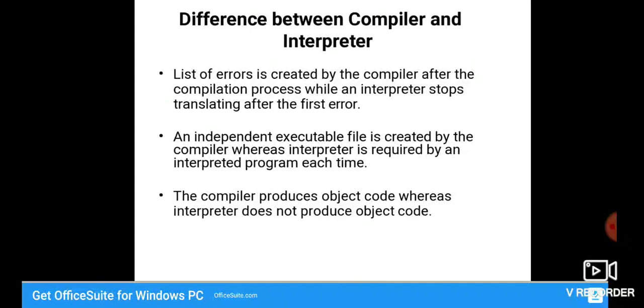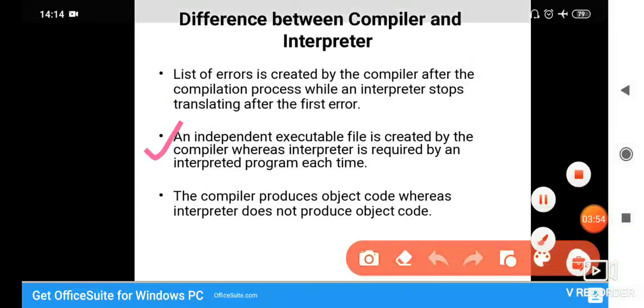Next point: an independent executable file is created by the compiler, whereas an interpreted program requires the interpreter each time. One more difference is given. A compiler produces object code, whereas an interpreter does not produce object code.